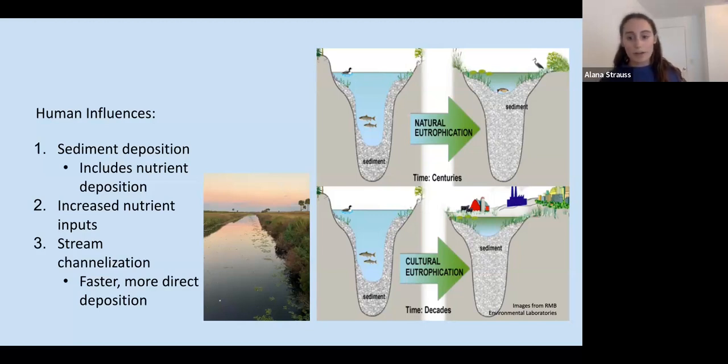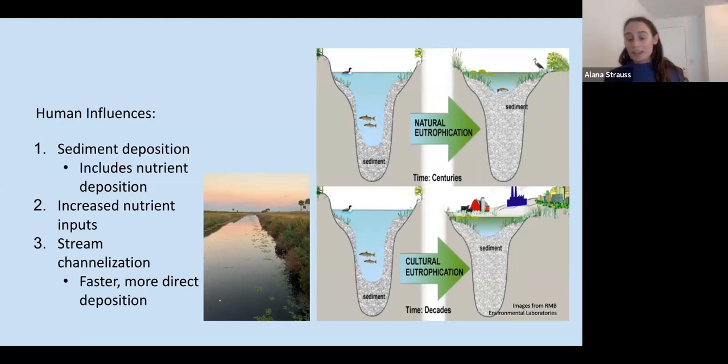But humans have sped up this process a lot. They've added more nutrients to the soil in the forms of fertilizers. And whenever we go to the bathroom, we're also releasing nutrients into the ecosystem and into our septic tanks and our sewer systems and things like that.